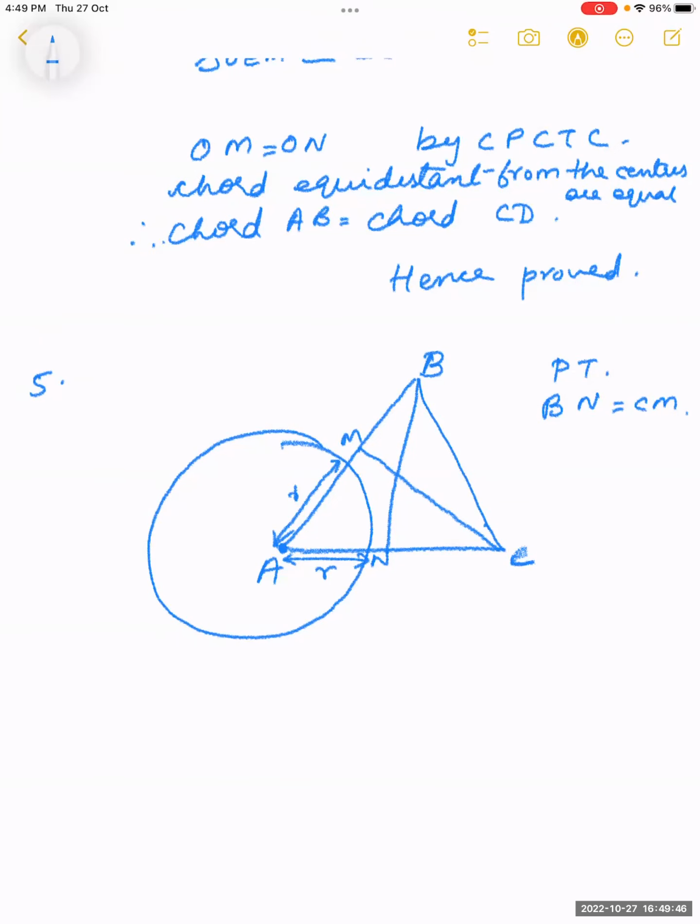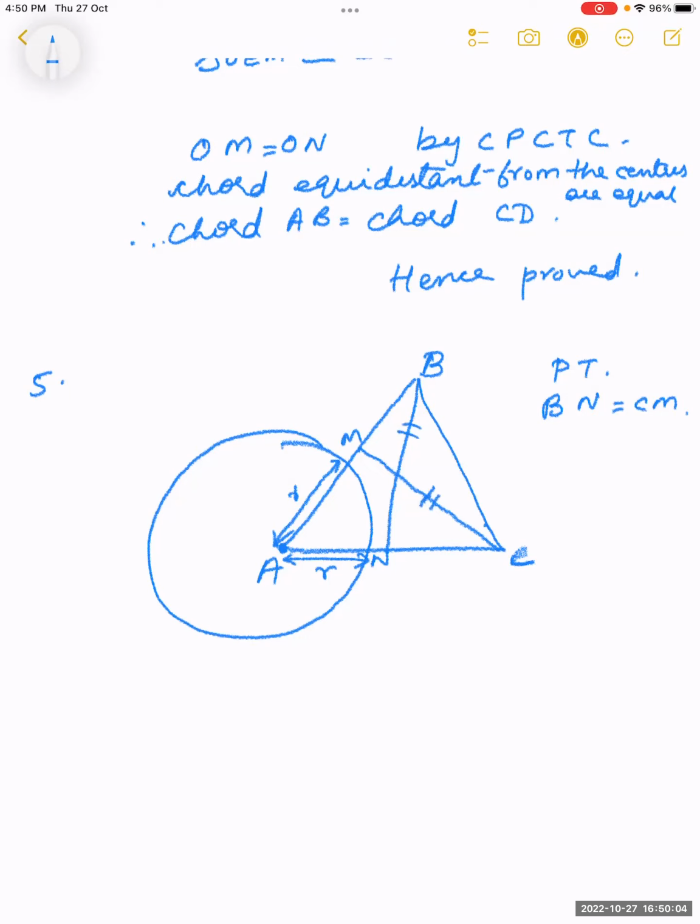Hello. Yes, ma'am. Okay. Now for this, again, what you will do is you take two triangles and show the congruency, because one side is CM, this side is BN, right?